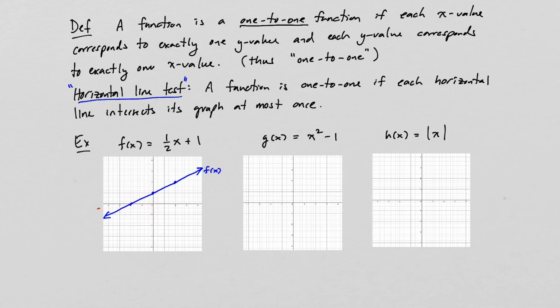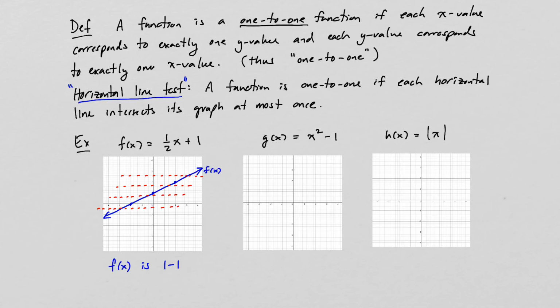If you want, I can come in here and sketch a few. Here are some horizontal lines. Again, if you drew every possible horizontal line, it's only going to intersect the graph once. And so we're going to say f of x is one-to-one. The abbreviation for one-to-one is 1-1.